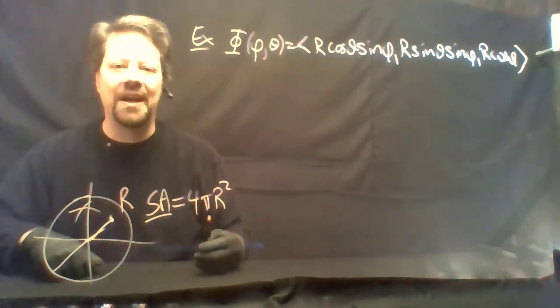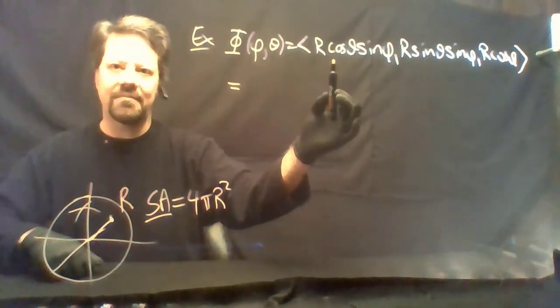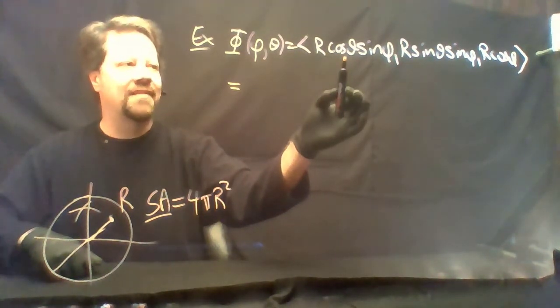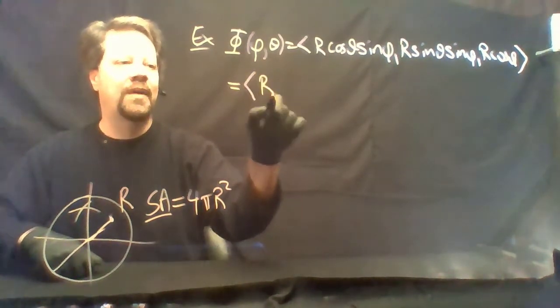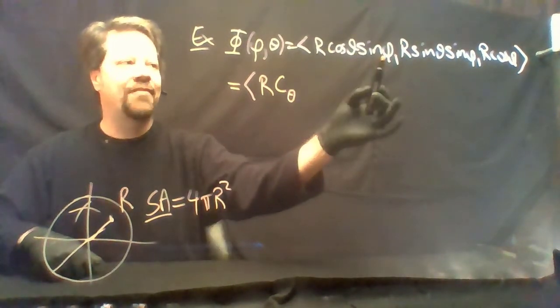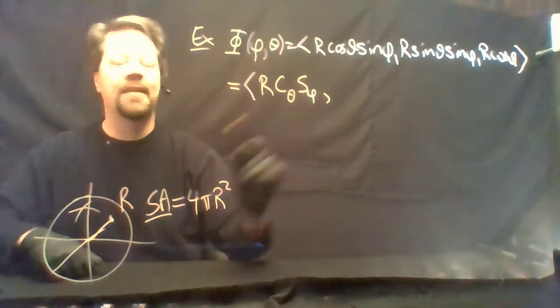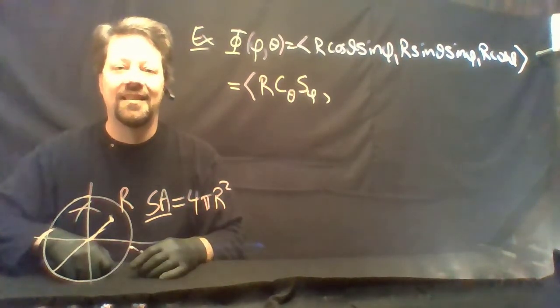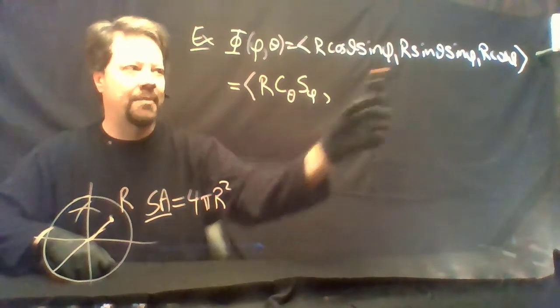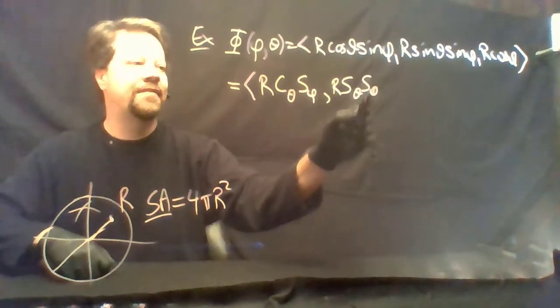I hope you don't mind if we make the following abbreviations. Instead of writing cosine theta, we'll write c with a subscript of theta. And instead of writing sine phi, we'll write s with a subscript of phi. This will save us a lot of room on the page.